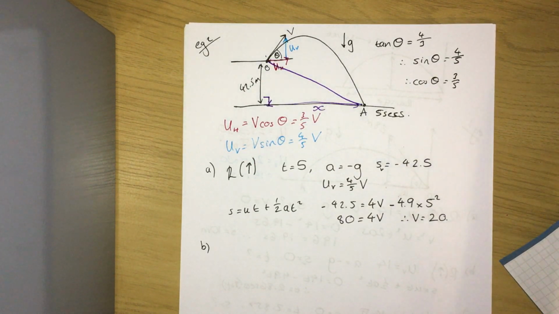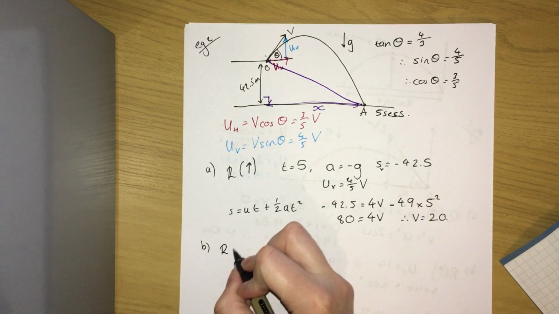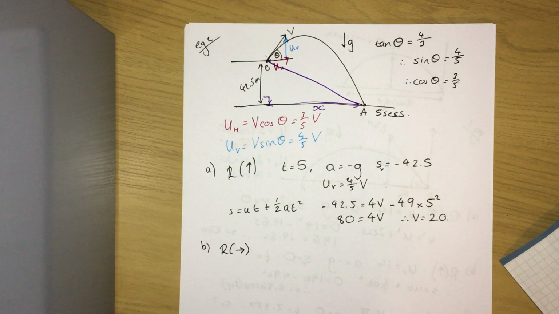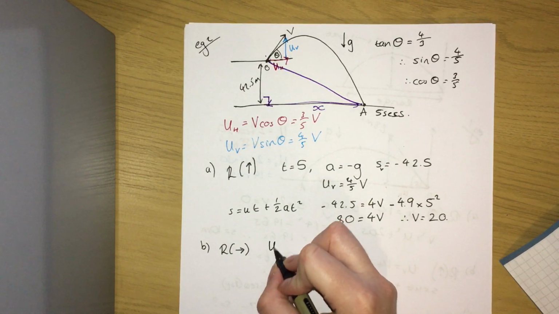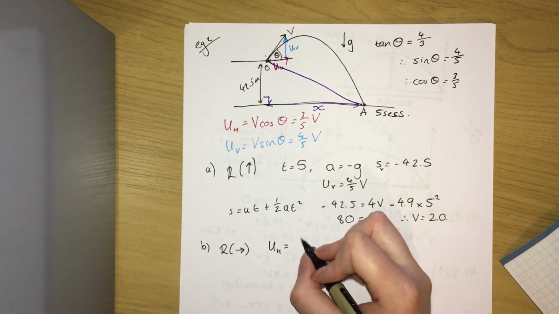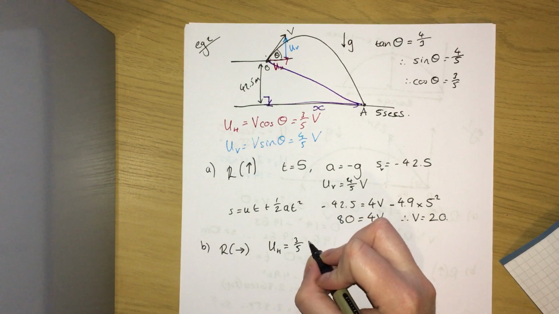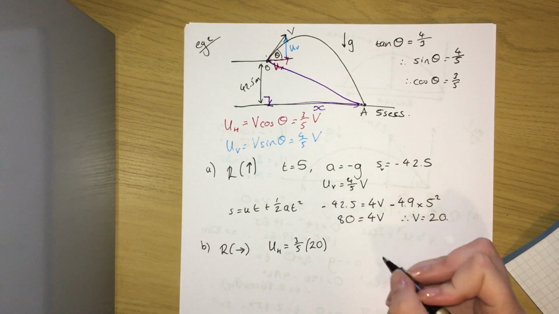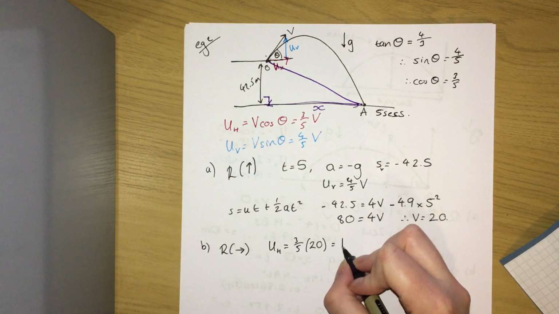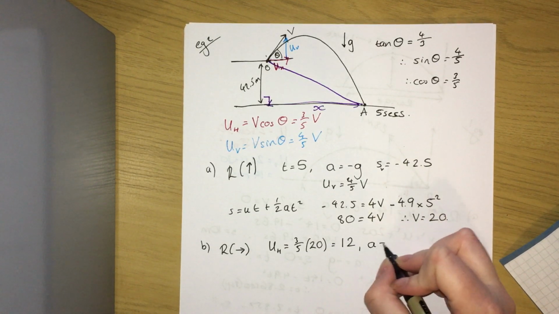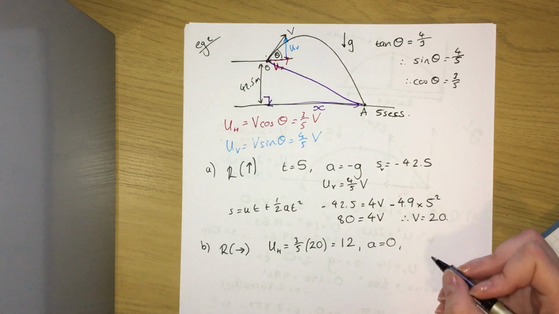So we need to find the horizontal displacement first, so I need to resolve horizontally. So I know my initial velocity is 3/5 of v, which is 3/5 of 20, which is 12, and acceleration is 0 horizontally.